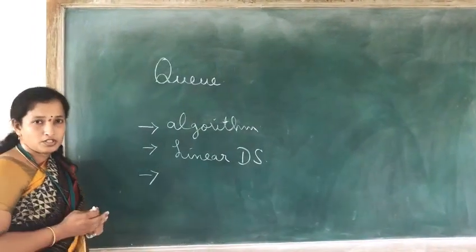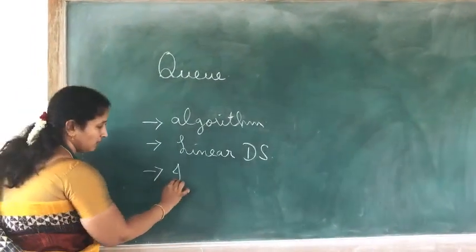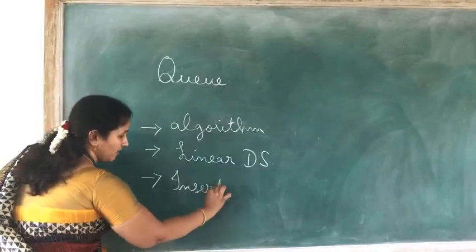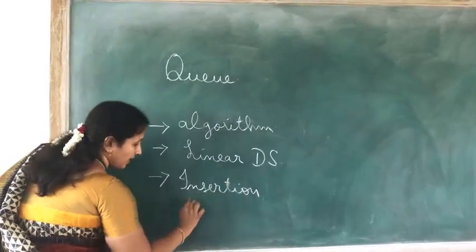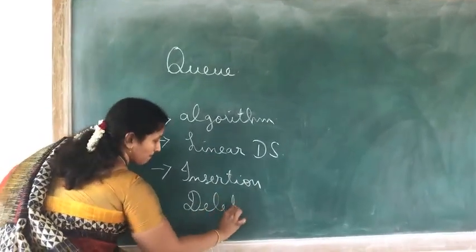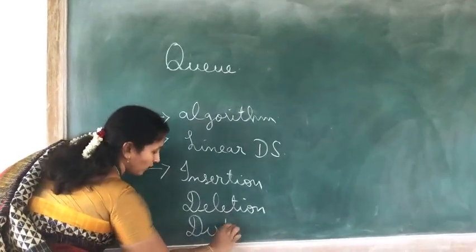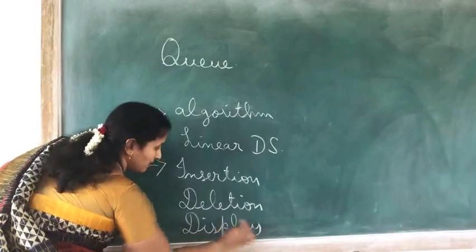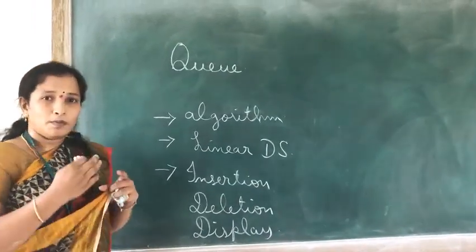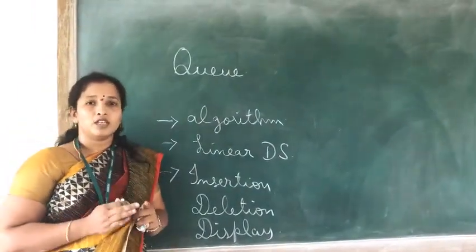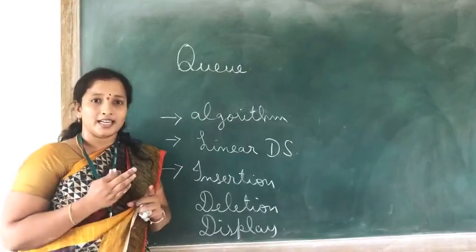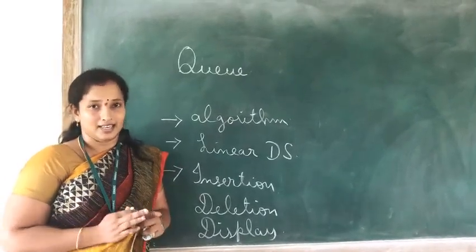What are the operations we have here? Insertion of data, deletion of data, and the last, display of data. Display means whatever operation is done in the computer, we have to see whether the data are correctly inserted or deleted.